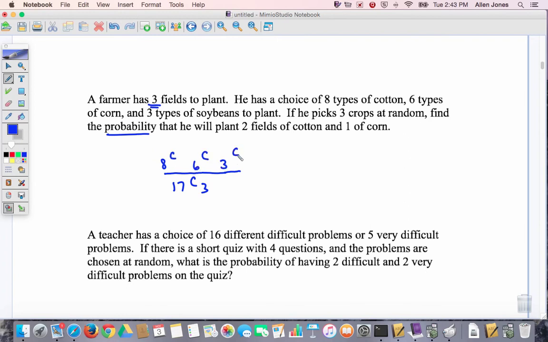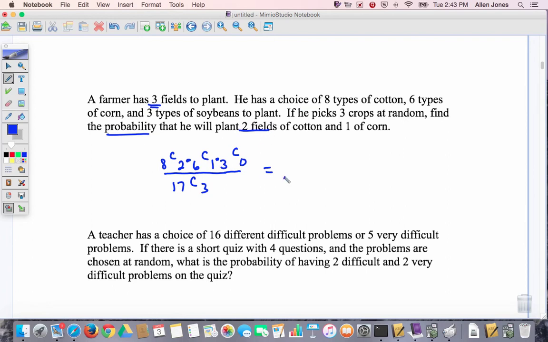So a combination. Of our 17 crops, we have 8 that are cotton, we have 6 that are corn, and we have 3 that are soybeans. So notice the 8, the 6, and the 3 add to be 17. These are our 3 different categories. Of the 8 types of cotton, he wants to plant exactly 2, so 8C2, times, of the 6 types of corn, he wants to plant exactly 1 of corn, times, of the 3 types of soybeans, he's not going to plant any, so 3C0.